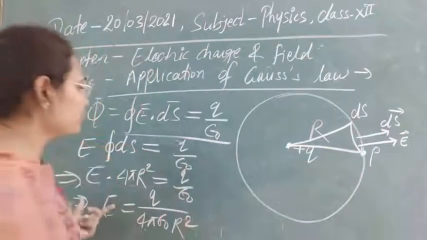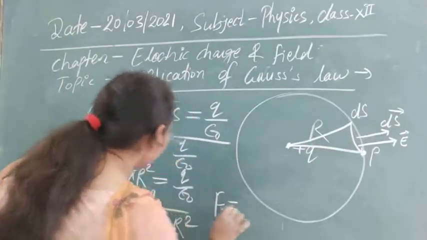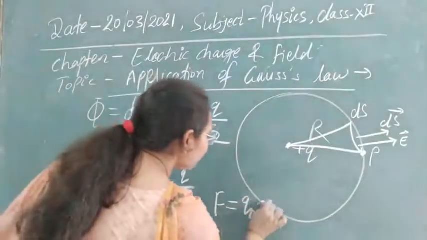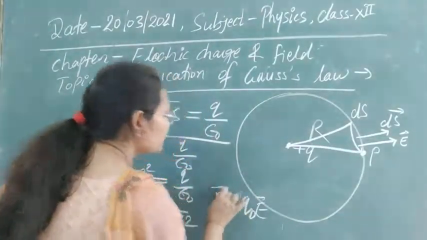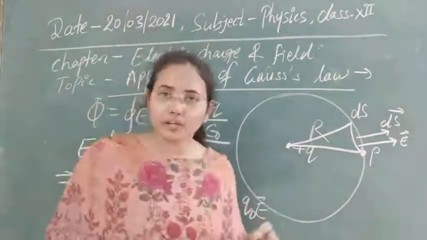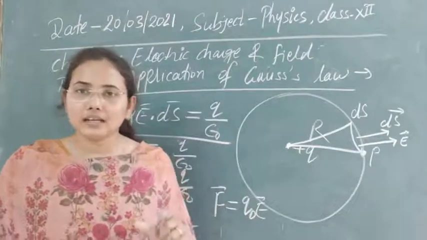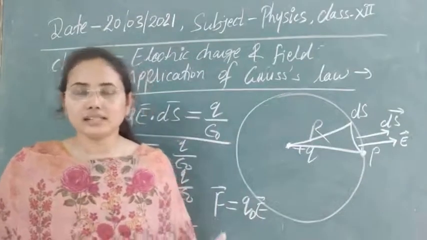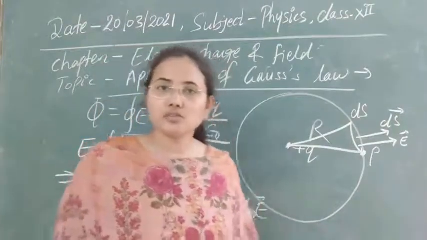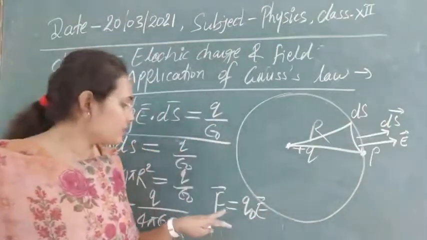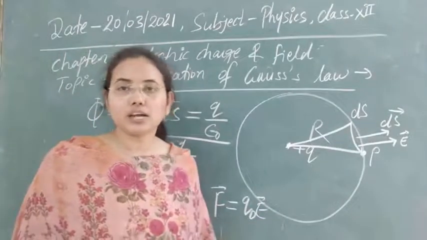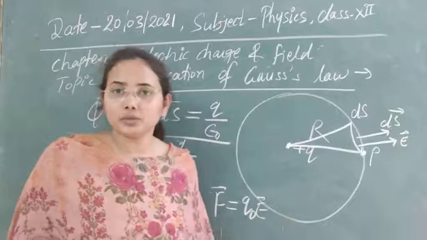So that force is given, in terms of this electric field, by q0 into E. So by using this formula of force in any electric field, if we put any charge in the field of any other charge, then this charge will experience a force, known as the electrostatic force, and this is given by F is equal to q0 into E. If we are putting a q charge, then this will be q into E.